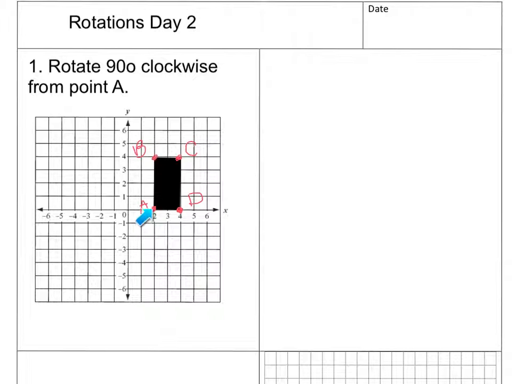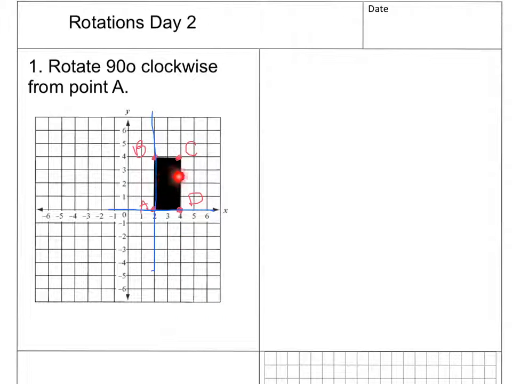But now, instead of graphing off of the origin 0, 0, we're graphing off of a point. So the easiest way for me to figure this out is for you to imagine that A is now your origin. So if it helps you, using the figure, make your X and Y axis off of there. So now you're going to rotate 90 degrees clockwise from point A. So clockwise would be to take this figure and rotate it to the right.